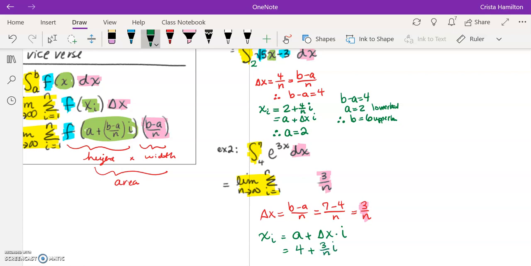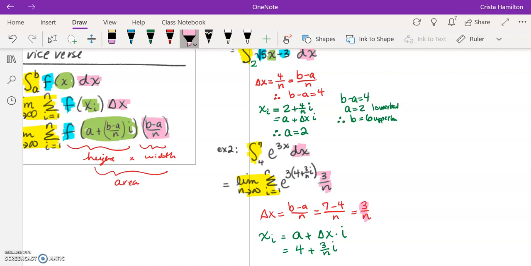times i. And so I know that that is what I'm going to replace the x in the function with. So it's now going to become e to the 3, and instead of that x, I'm going to replace it with 4 plus 3 over n times i in that portion.